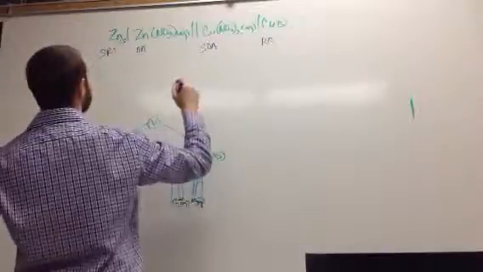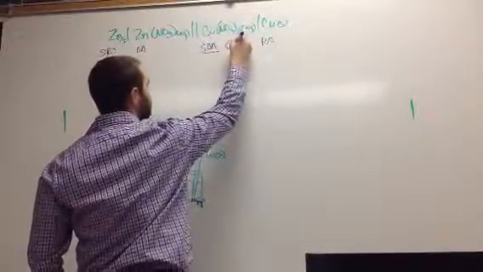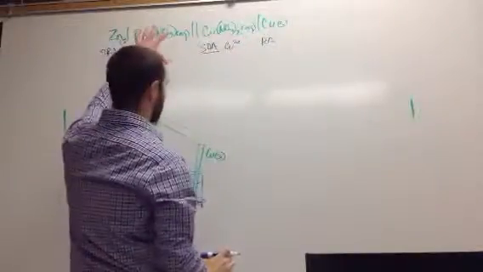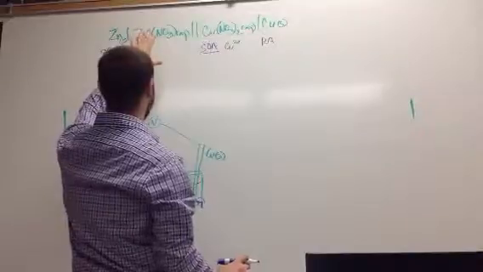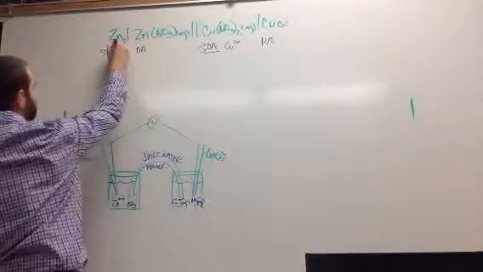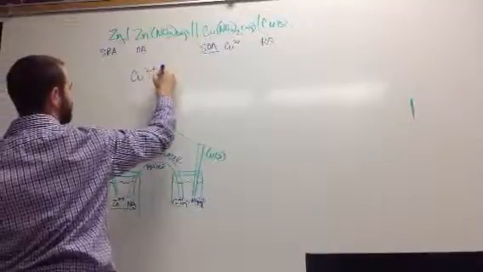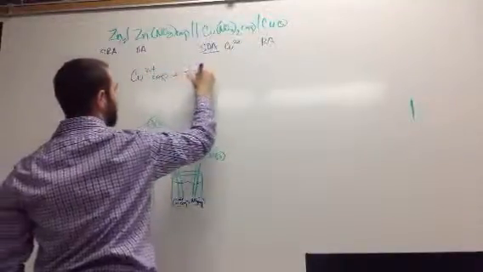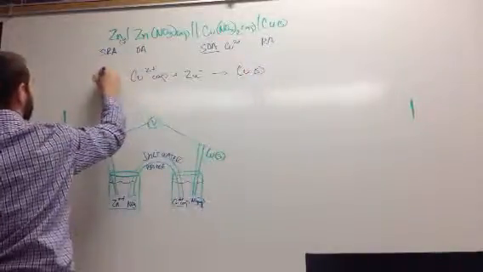Now, the strongest oxidizing agent is copper 2, because copper 2 ions are much higher on the table of half reactions. Zinc is my strongest reducing agent. So the two reactions are going to be copper 2 plus 2 electrons makes copper solid. This is the gain of electrons, reduction.